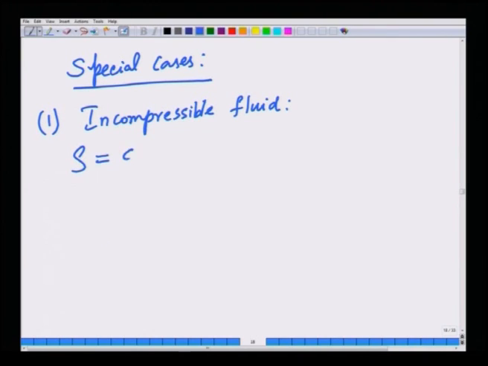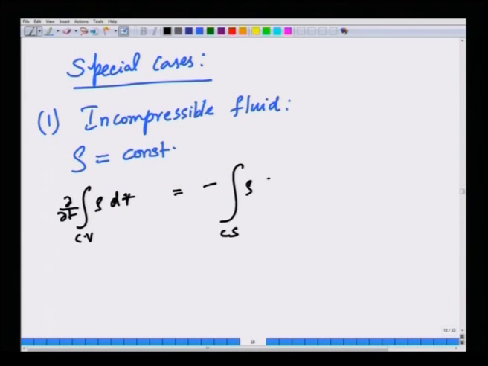Incompressible fluid by definition means that the density of the fluid is a constant. It is not changing due to the flow. So, the most general form of mass conservation is d/dt of the integral over CV of rho dV equals minus the integral over CS of rho V dot dA.